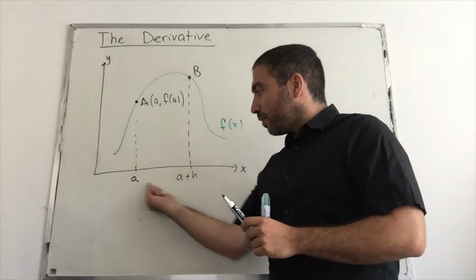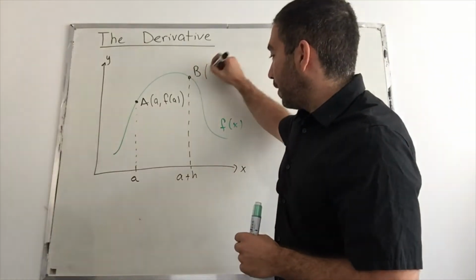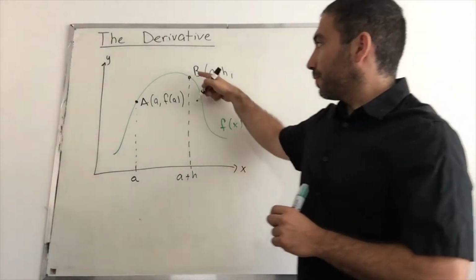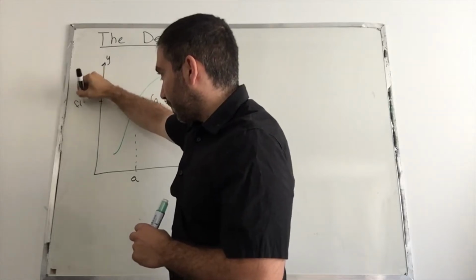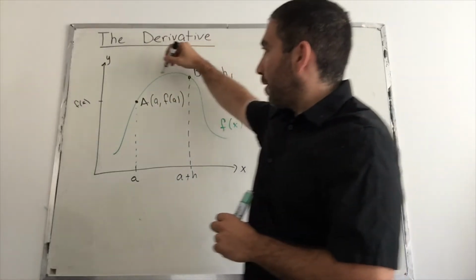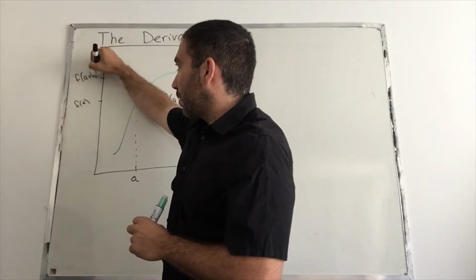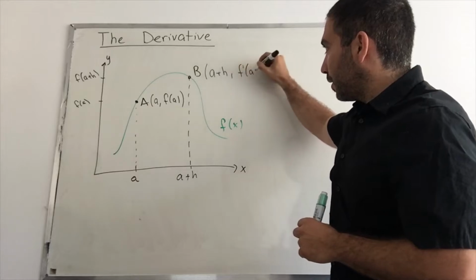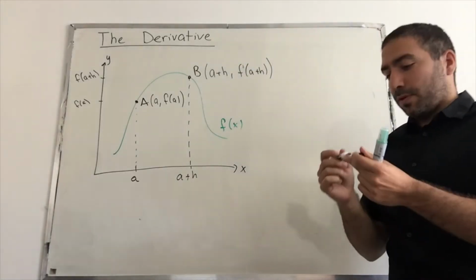So we're just shifting over by h. And that would cause the y value over here. So let's call this f of a. And this value here, if we go hit the y, would be f of a plus h. Okay, so this is f of a plus h in the big brackets. That's point B.